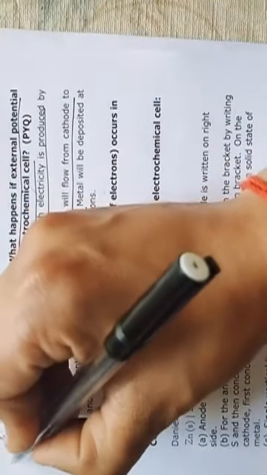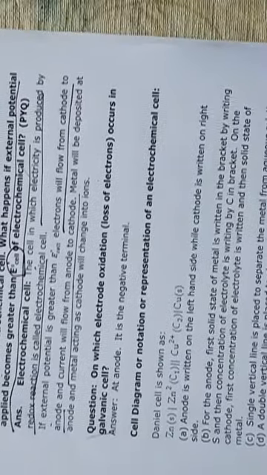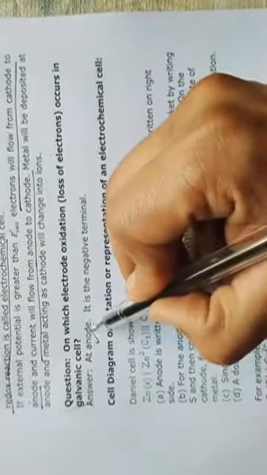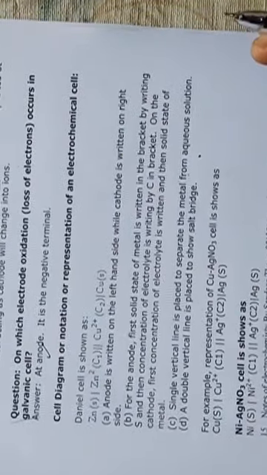There is a very high chance this question can be asked next year. And on which electrode does oxidation take place? At anode oxidation takes place and at cathode reduction takes place.